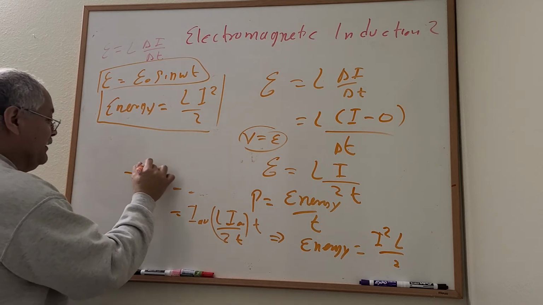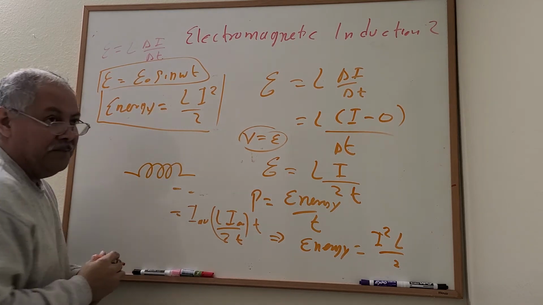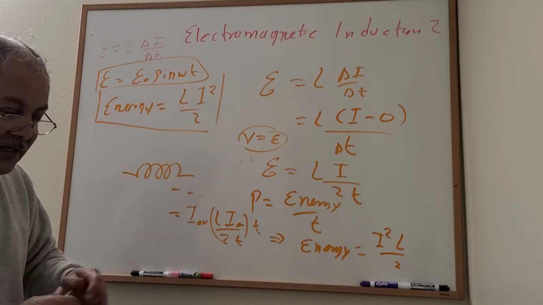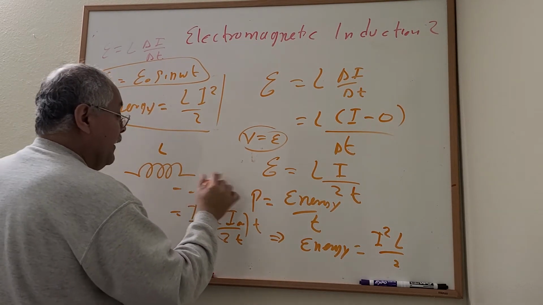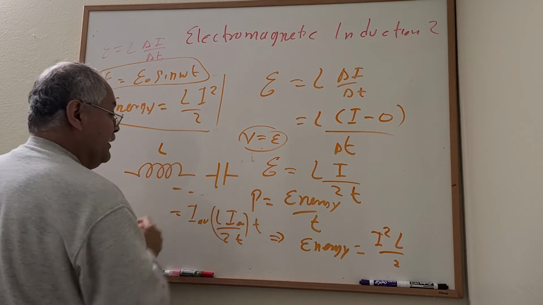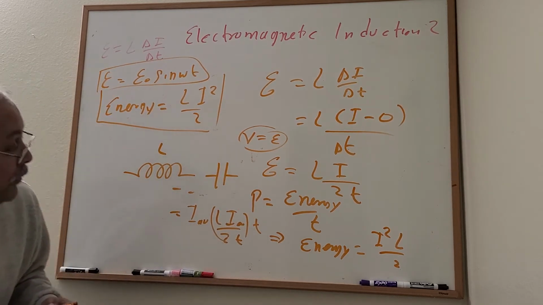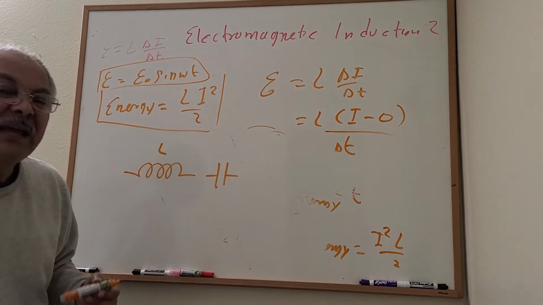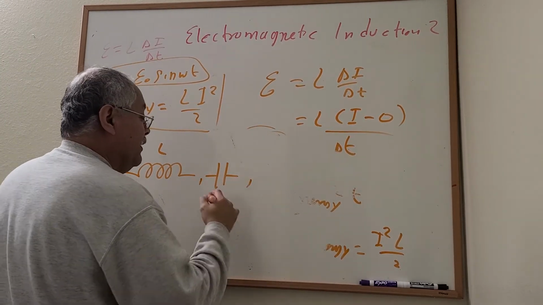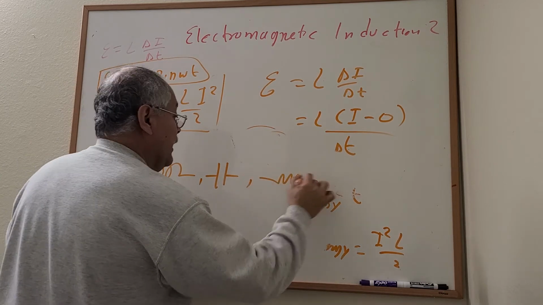Remember, this is the inductor. This is one of the elements of a circuit. Remember, the elements are what? The inductor, the capacitor, and the resistor. These are the main elements that so far we have in a circuit.